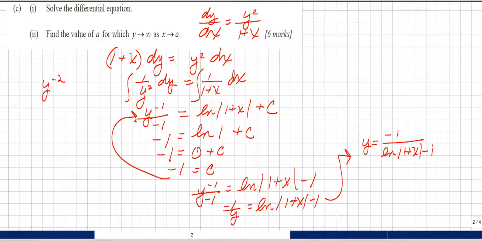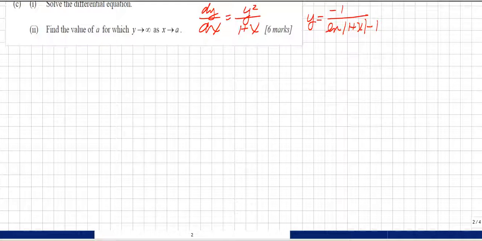That part is done. Now that all that writing has magically disappeared from the screen, let's try Roman numeral part 2 of part C of problem number 2. It says, find the value of a for which y approaches infinity as x approaches a.